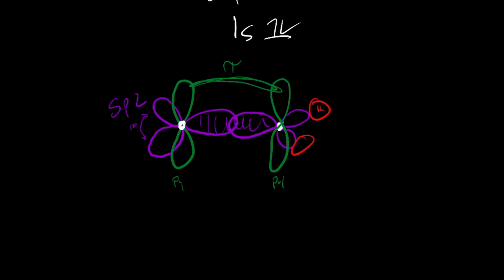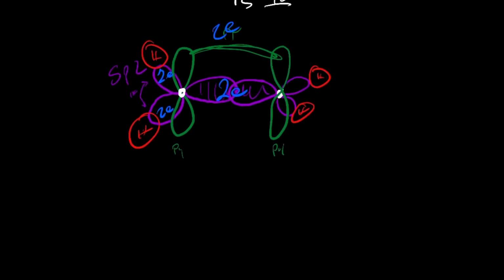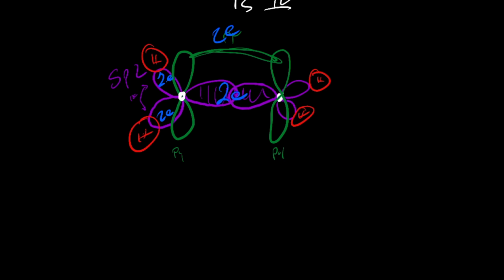Well, I'll put hydrogens in them. So now carbon, if you count your number of electrons, 2, 4, 6, 8. Both of these carbons have now a full octet.